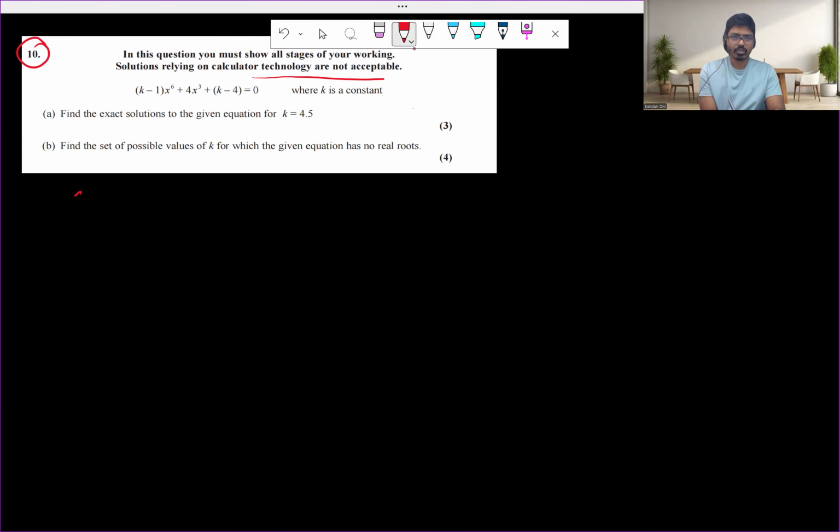First, let us write the given equation: (k minus 1)x raised to 6 plus 4x cubed plus k minus 4, which is equivalent to 0. Now we substitute the value of k as 4.5.